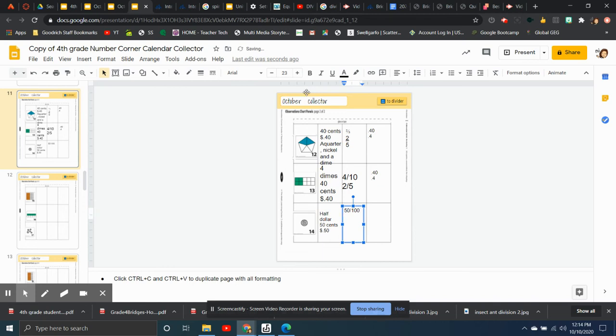We don't want the 100 underlined here. Take the underline off. There we go. 50 over 100.